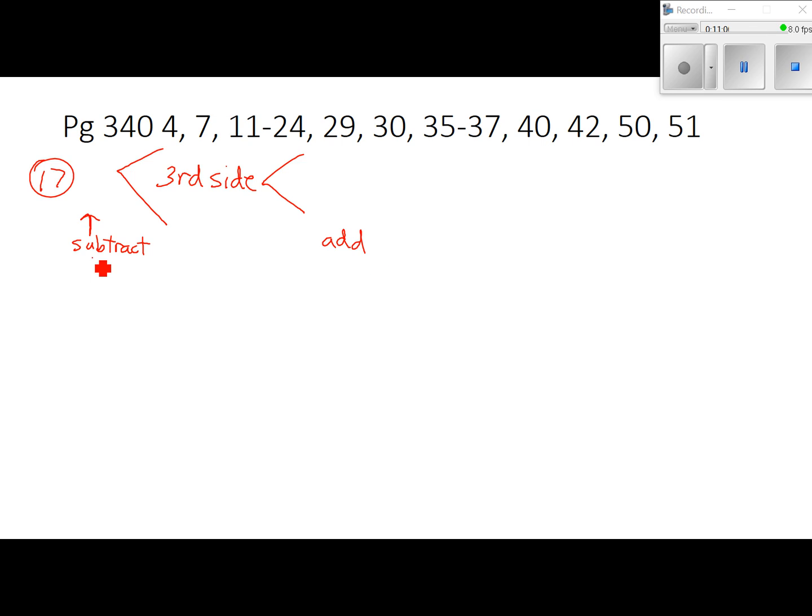So on this side over here, it's 12 minus 5, which is 7. And on the other side, it's 12 plus 5, which is 17.